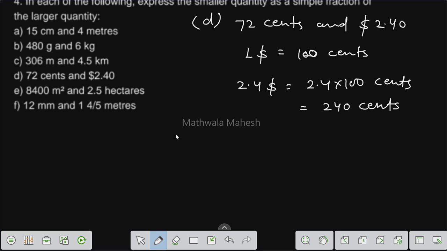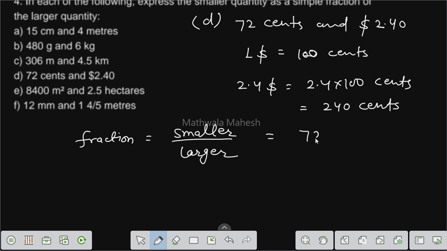So the fraction is smaller upon larger. Smaller is 72, larger is 240, and this is cents, and if we divide by 24, then this is 3 upon 10. Okay, 3 upon 10 is the answer.